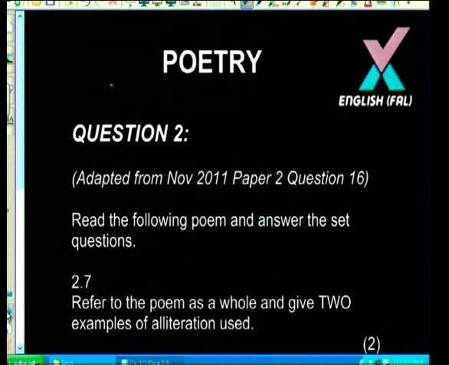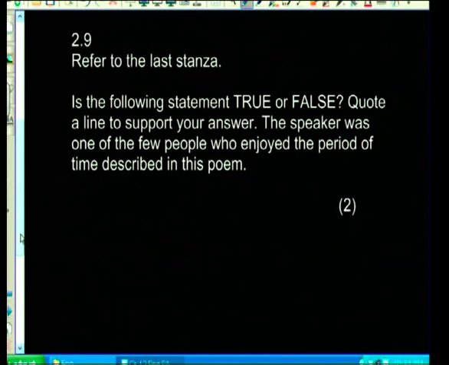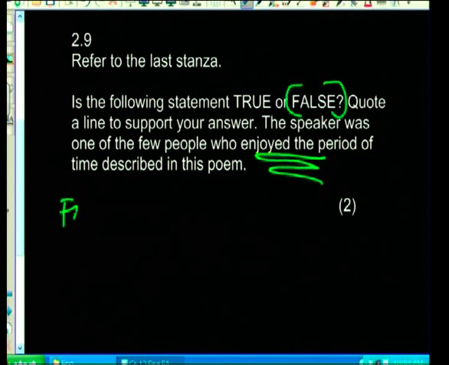That's very important. True or false? Quote a line to support your answer. The speaker was one of the few people who enjoyed the period of time described in this poem. Already you know that it's a pretty ridiculous question. So immediately you've got false. And all you need to do now is to find a line to substantiate this.